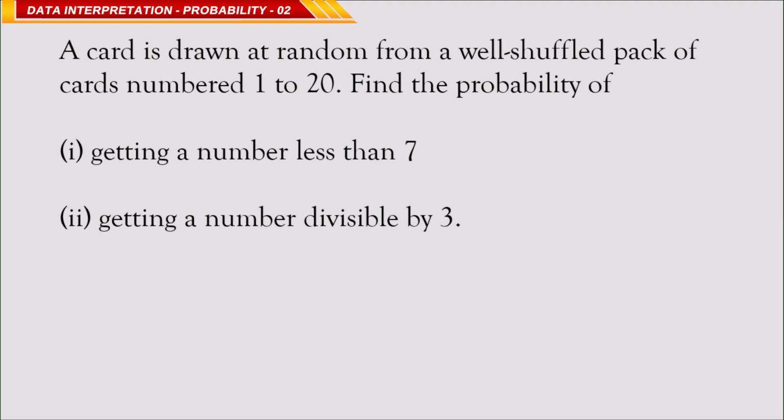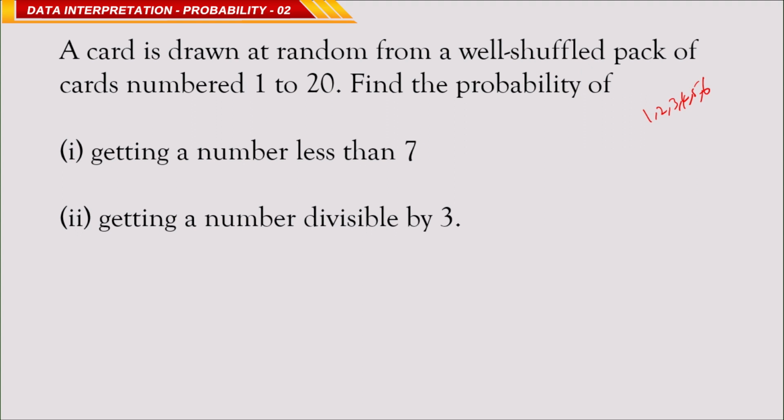Find the probability of getting a number less than 7. So, what is the probability of this event? First, favorable outcomes. Getting a number less than 7 means 1, 2, 3, 4, 5, 6. This is a favorable outcome. What are the total outcomes?